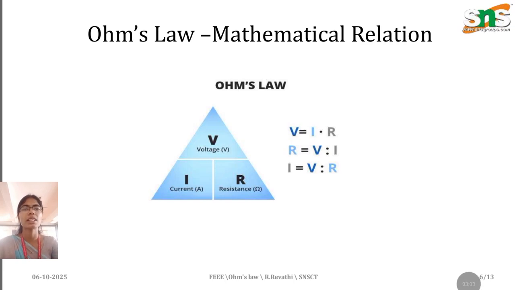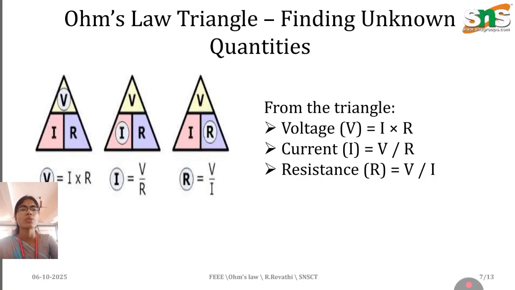So the mathematical relation of Ohm's law, which we discussed earlier, is the Ohm's law triangular rule. If two of the components V, I, R are given, we have to find out the other quantity. In the mathematical relation, V is equal to IR. If we have to find R, then R is equal to V by I. If you are going to find I, that is equal to V by R. This is known as the triangle for finding unknown quantities.